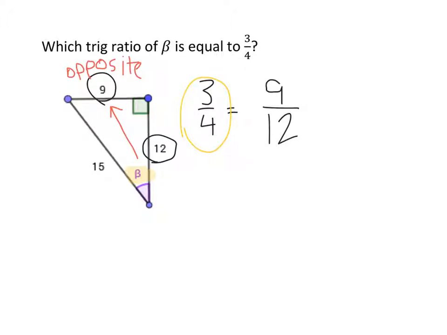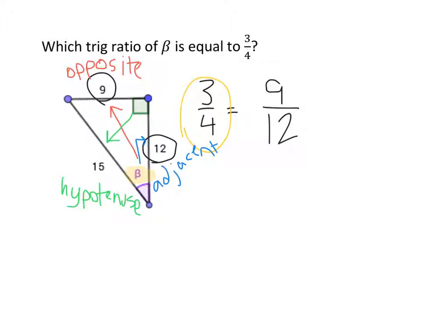We know that the hypotenuse is always opposite the right angle, which is over where 15 is. And then lastly, the adjacent, which is always between the right angle and the reference angle, as well as it's directly next to our reference angle, is 12.